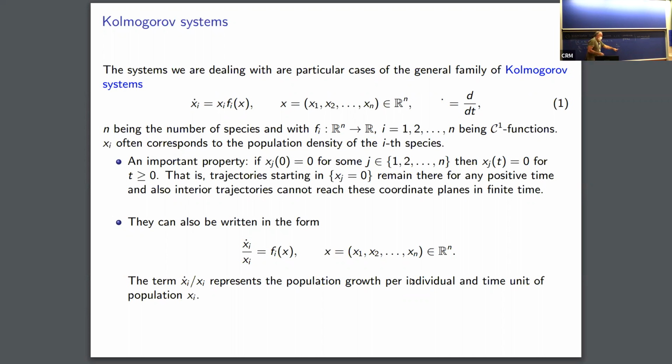I mean, if this x_i is 0, it means that everything is 0. They are of this form, r_i, and something which is depending on the rest of the species. So this interaction depends in a linear way on the rest of the species.